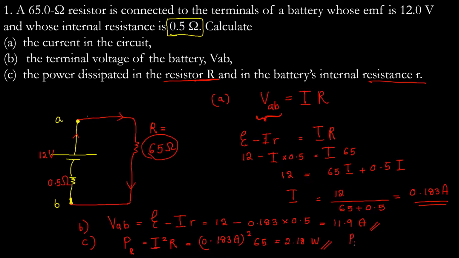And the power dissipated through the internal resistor is the same equation, but you will be substituting the internal resistance for the capital R. So if you substitute the values, you will get 0.02 watts. So you can see here that the power dissipated through your internal resistor is very small compared to the actual load.